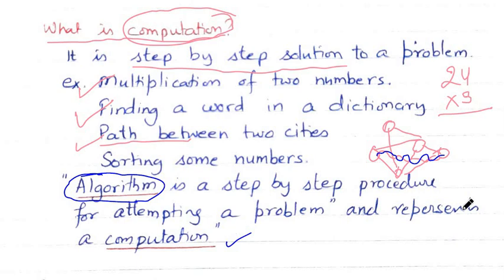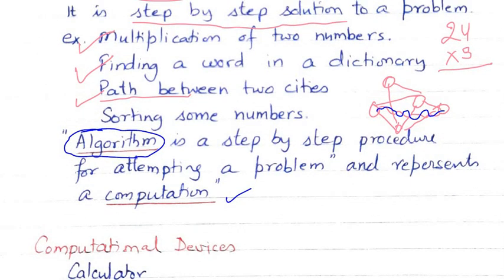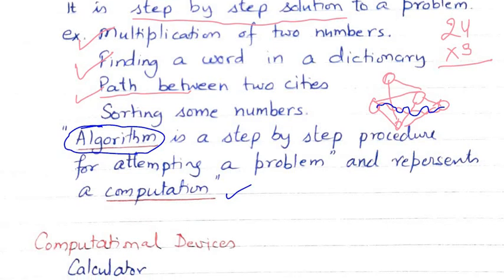Since we are talking a lot about computation, we may be interested in computational devices. One of the computation devices is the calculator, right? Everyone understands that a calculator calculates a lot of things. You can multiply two numbers, find the square root, or find a percentage. You can sum a lot of numbers.